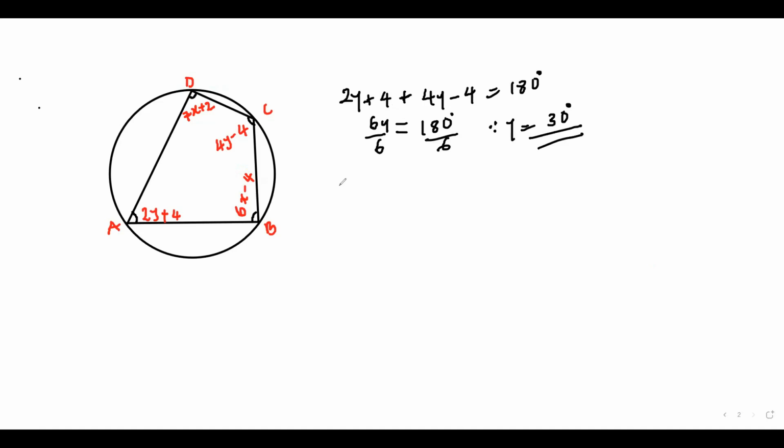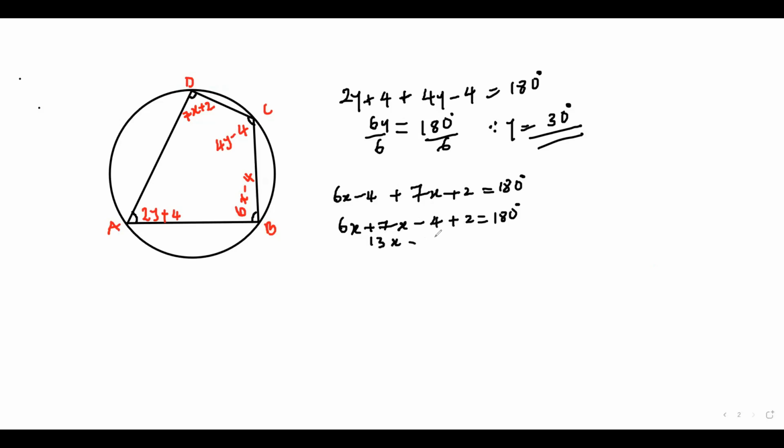Now, the other angles that we're supposed to equate are B and D. Let me start with B. B is 6x minus 4 plus my 7x plus 2 equal to 180 degrees. If you like, you can put them in brackets. I just decide not to. So now I want to rearrange this. We have 6x plus 7x minus 4 plus 2, and everything is equal to 180 degrees. So 6x plus 7x is equal to 13x.